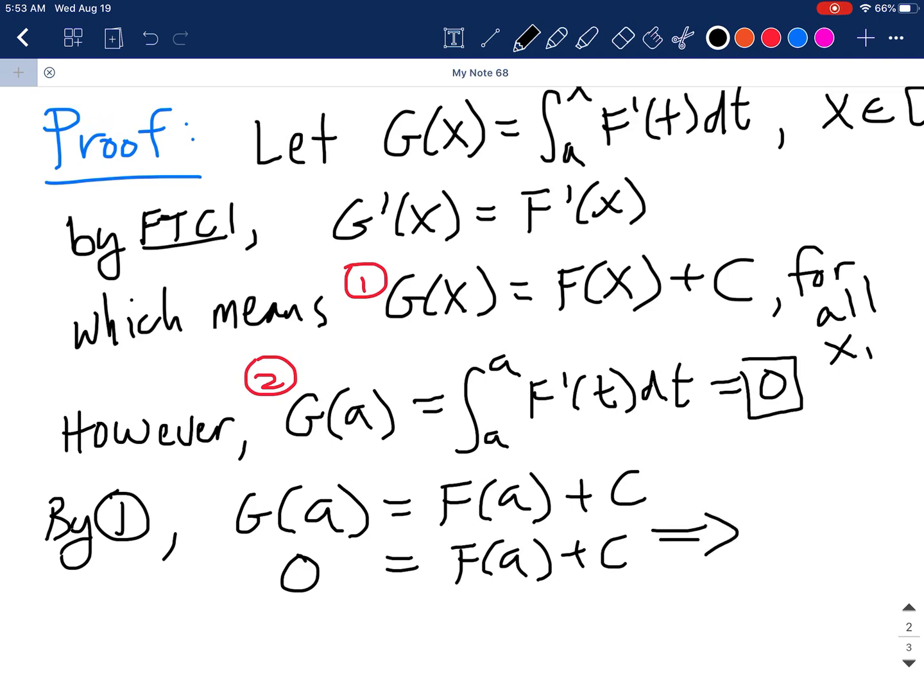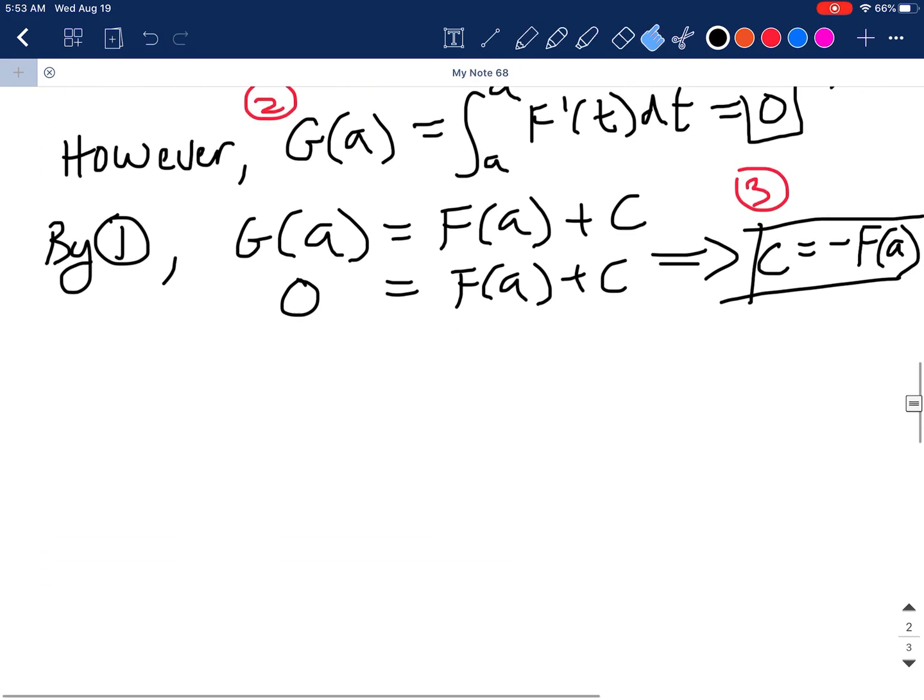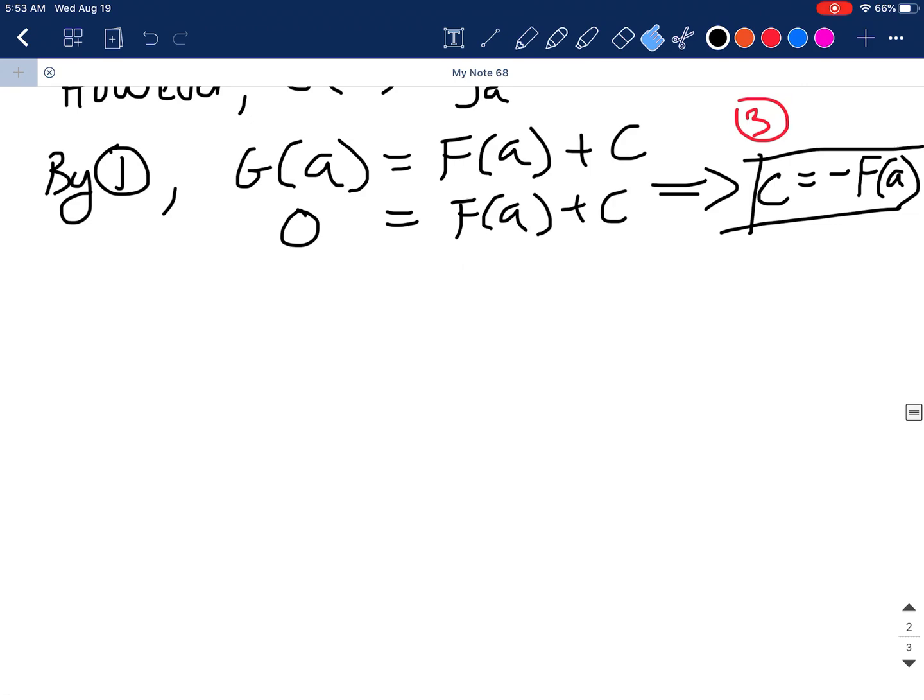So what that means is that c is equal to the opposite of F of a. Right, so whatever the constant is, it's going to be the opposite of the antiderivative at our left endpoint of the function. So that's definitely something we're going to need to use. We'll call that 3.